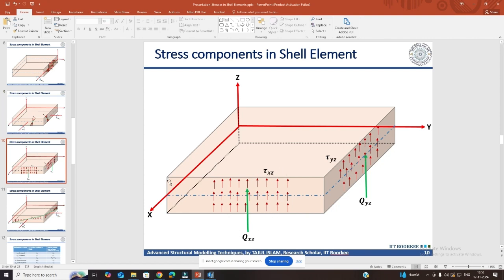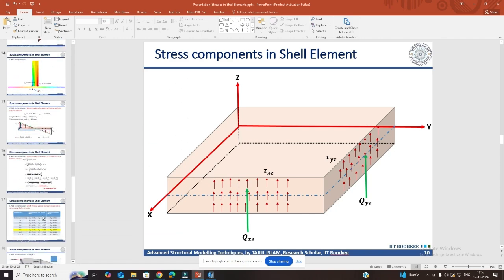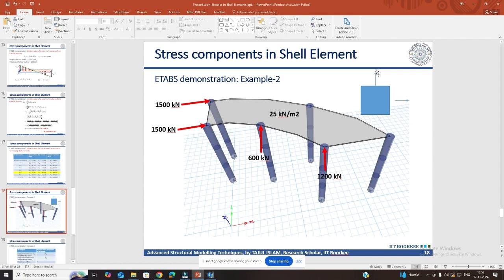Now, according to ETABS shell definition, is it one plane or two plane? This plane. One. No, it's two actually. Here you see, I have written this is two. So if this is two, this is also two, right?